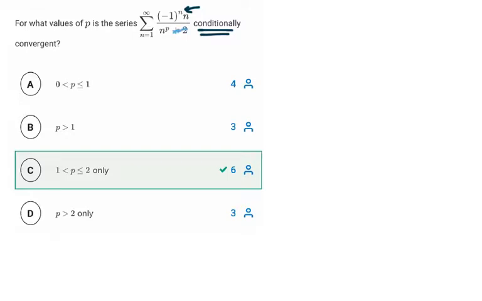And so the series that we're actually talking about is the alternating series of n over n to the p, where the n's cancel out, and we end up with n to the p minus 1, like this.